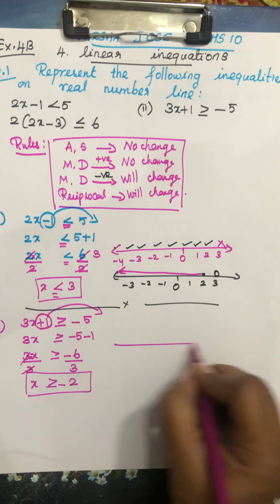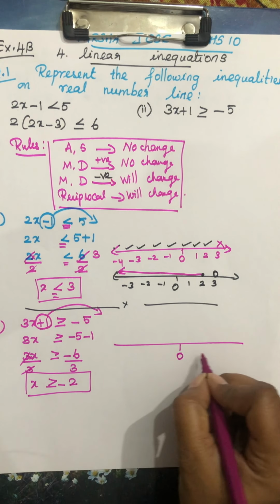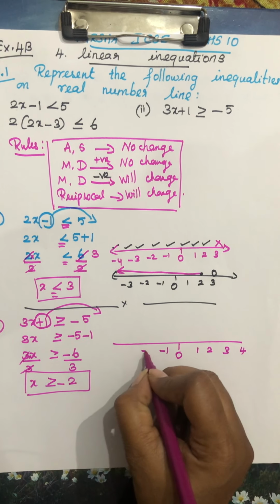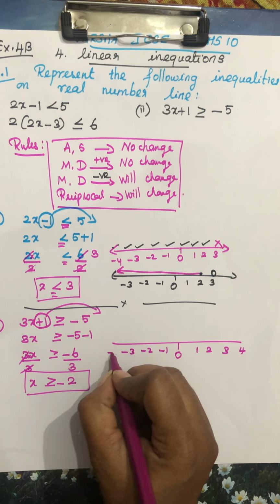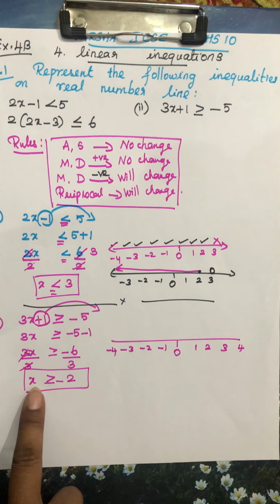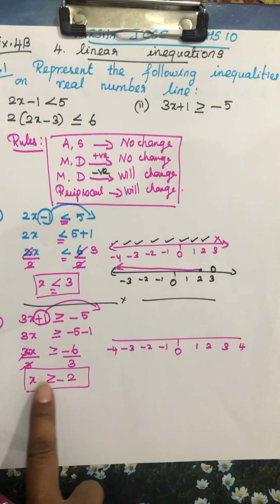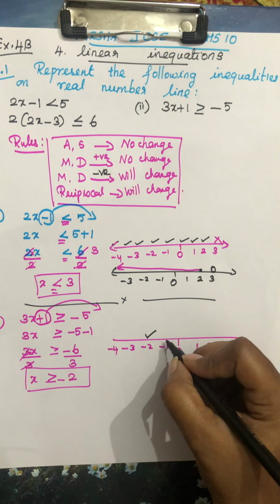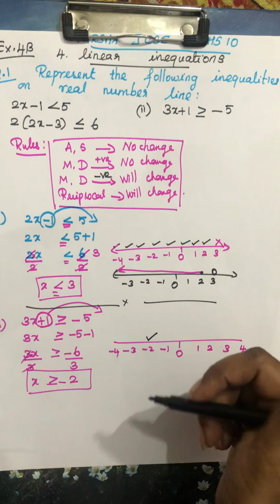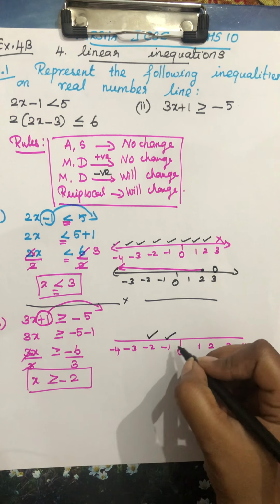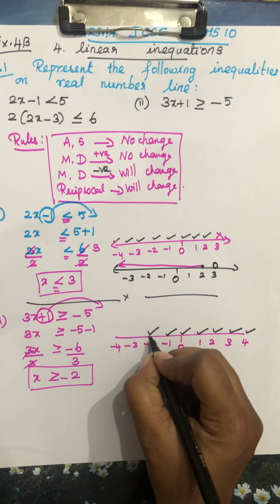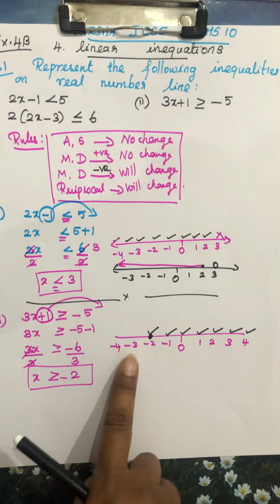For this, 0, 1, 2, 3, 4. Minus 1, minus 2, minus 3 and minus 4. x is greater than or equal to minus 2, so it includes minus 2. All these numbers are included. Minus 3 is not included.